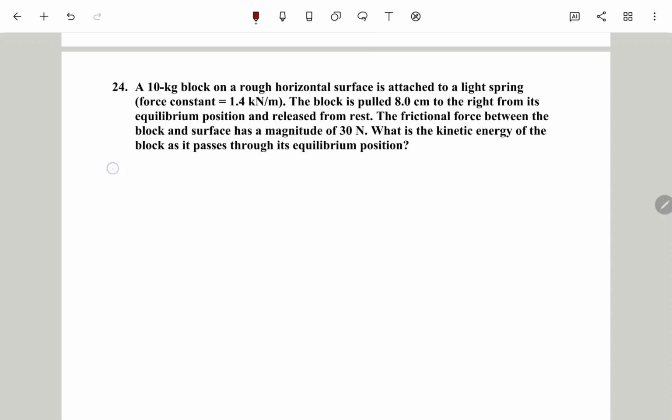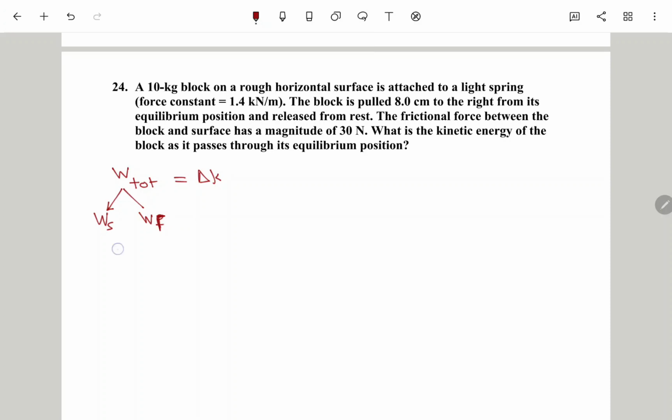Now remember, work total here equal to delta K, and we have here work done by the spring, this one here, and work done by the external force, this one right here.